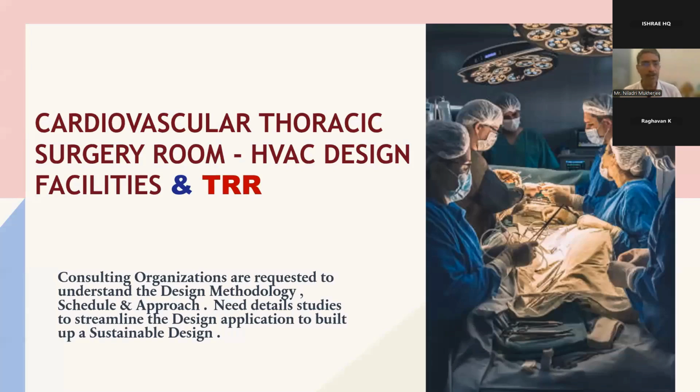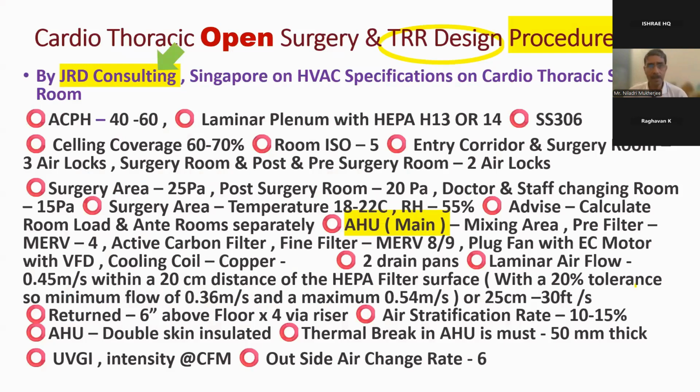Now we'll go more into the TRR. Now it is procedure 3. I told you the consultant has come with Singapore guidelines. They are recommending 40 to 60 air changes per hour. Laminar flow with HEPA, which is H13 or H14.